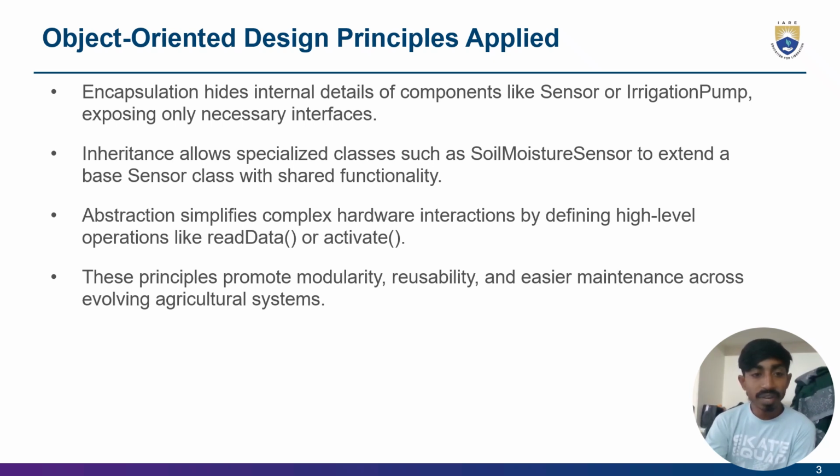Abstraction simplifies complex hardware interactions by defining high-level operations like read data or activate. These principles promote modularity, reusability, and easier maintenance across evolving agriculture systems.